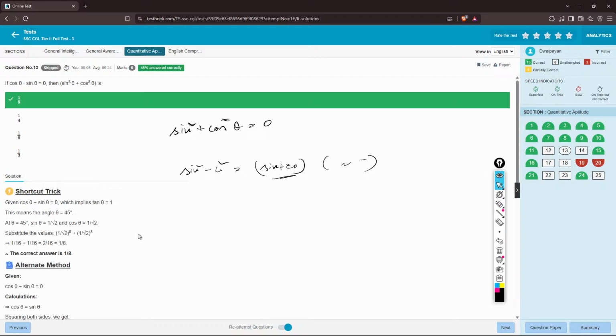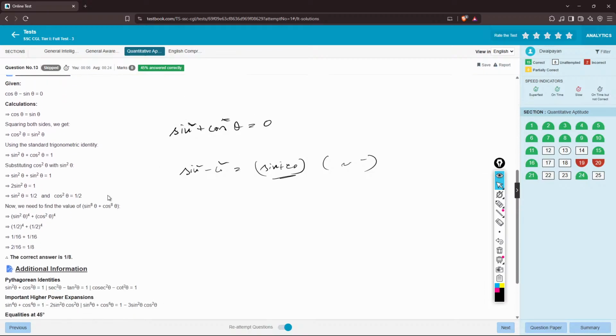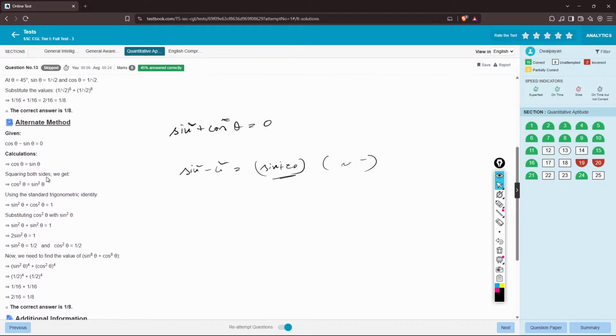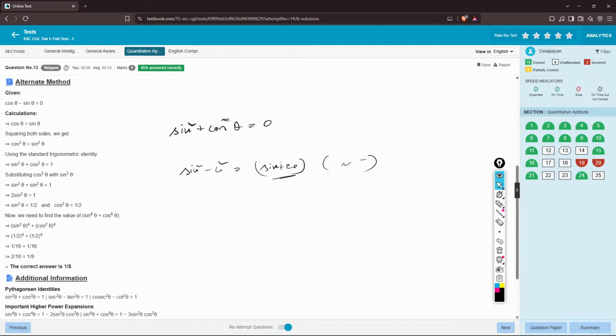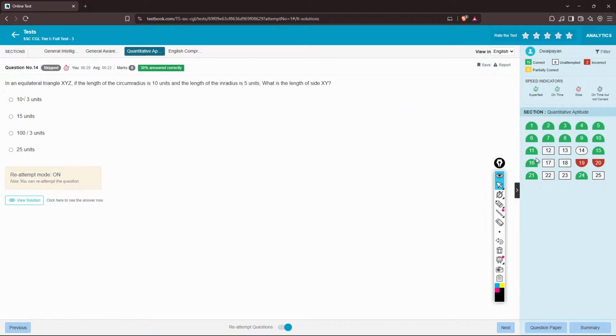Okay, for 45 degrees, yes, both are equal. Square, so half half. Yeah, 13, 14. Equilateral triangle. For an equilateral triangle, a by 2 root 3 is 10. Repeat, radius a by root 3 is 5.